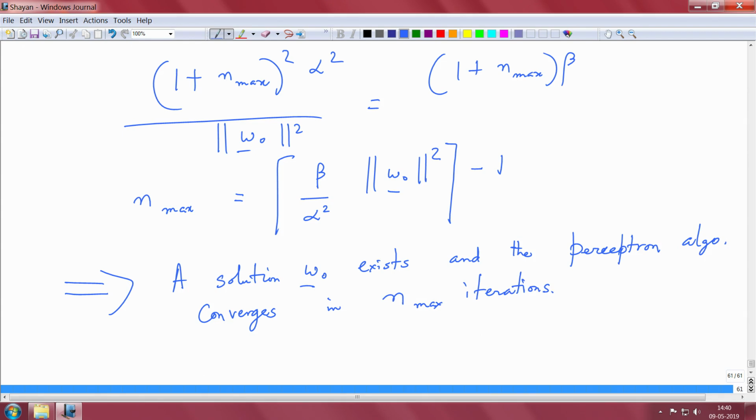Because it is linearly separable, there should exist a hyperplane, and by just adjusting the weight by adding or subtracting a quantity, by balancing this seesaw somehow, we are able to settle to a value of n max which can terminate this algorithm, right. This is an important proof.